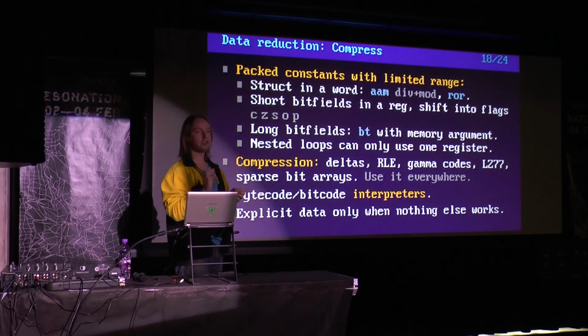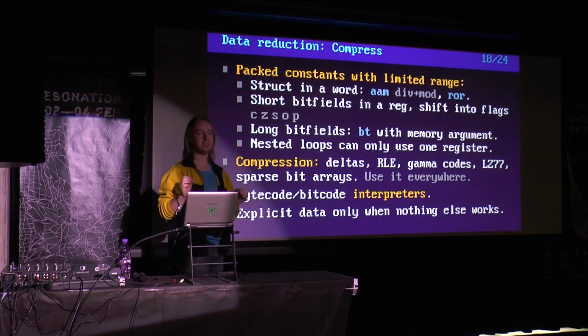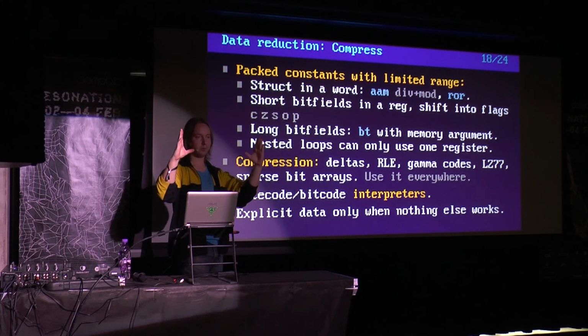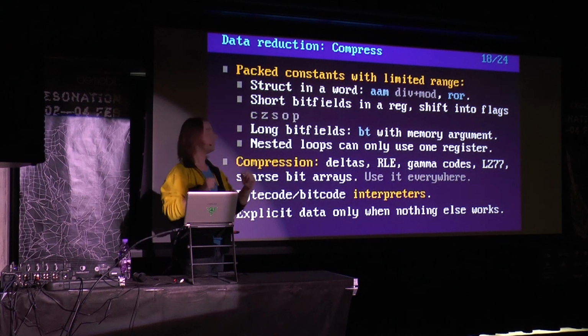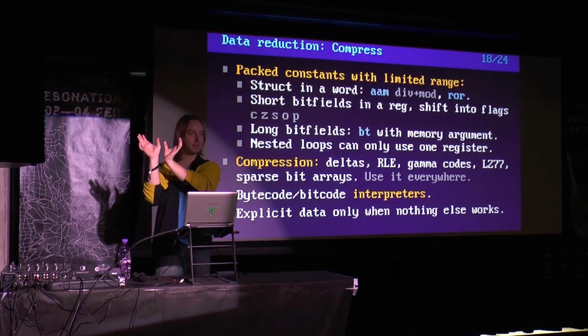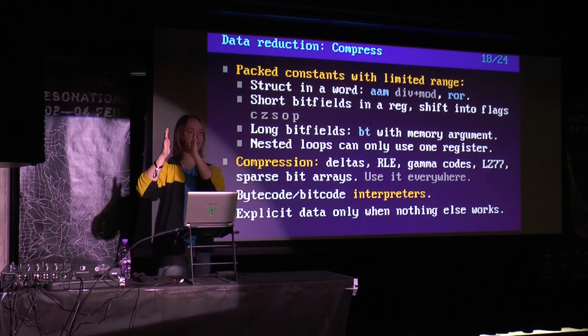If you have a really short bit field, maximum 32 bits, we can just store it into a register and shift it out. Or in one of my intros, I used a few 5-bit constants and rotated them 5 bits and 5 bits and 5 bits so that I could rotate a different amount each time.